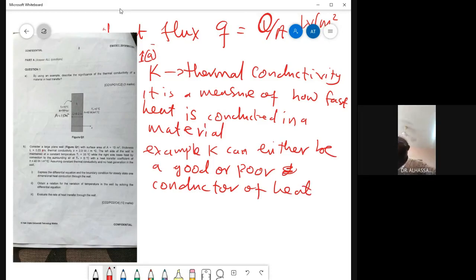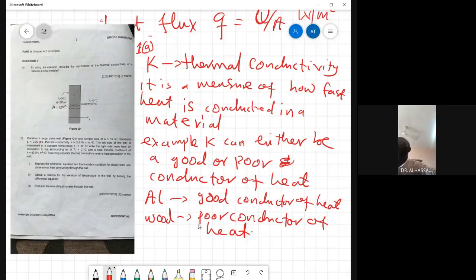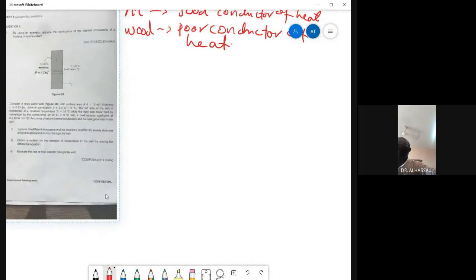So aluminum, okay, good conductor of heat, and then we will say wood, poor conductor of heat. Okay, so that's it. Now let's move on to the next question.